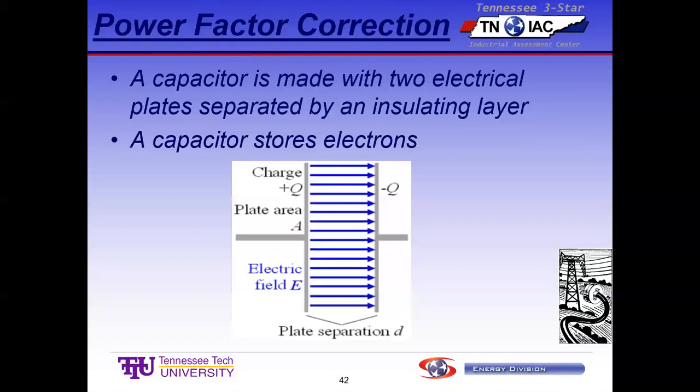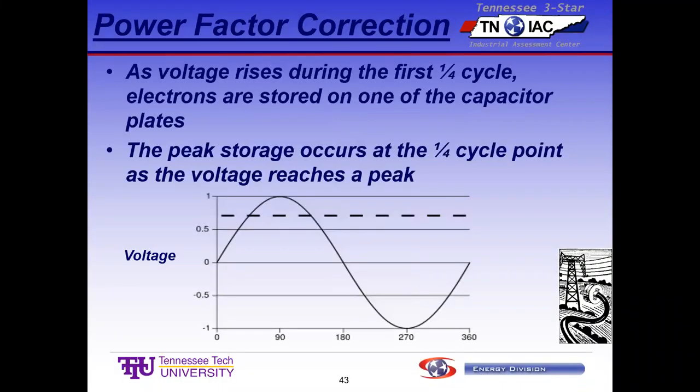Okay, so how does a capacitor do this? A capacitor is made up of two electrical plates separated by an insulating layer. The capacitor stores electrons on one plate as it gets charged. As voltage rises during that first quarter cycle, electrons are stored on one of the plates.